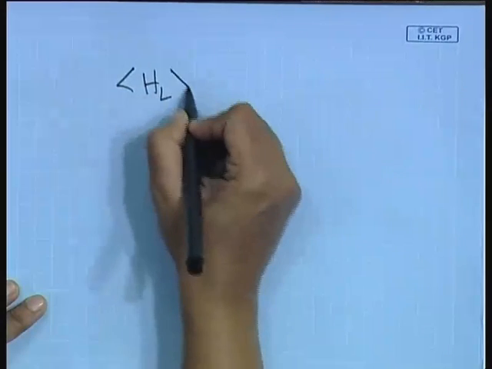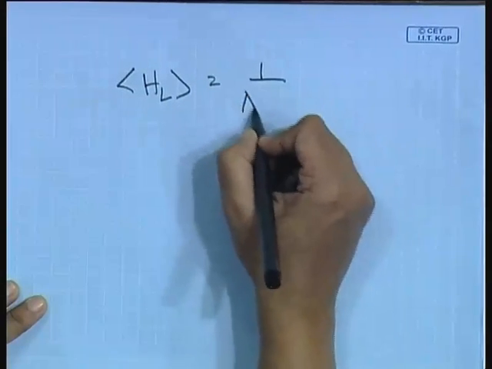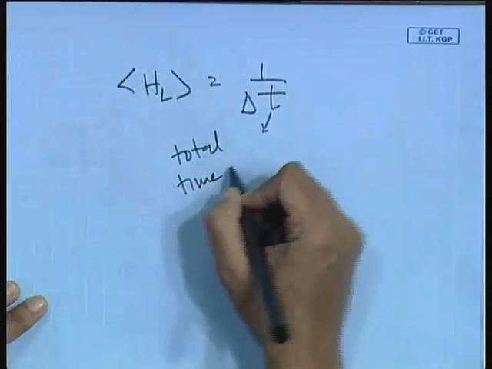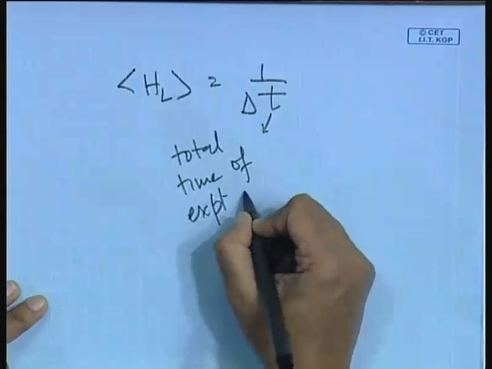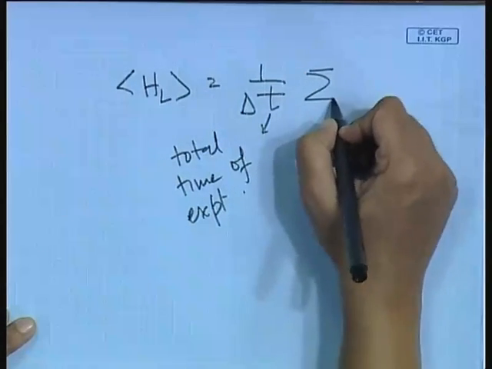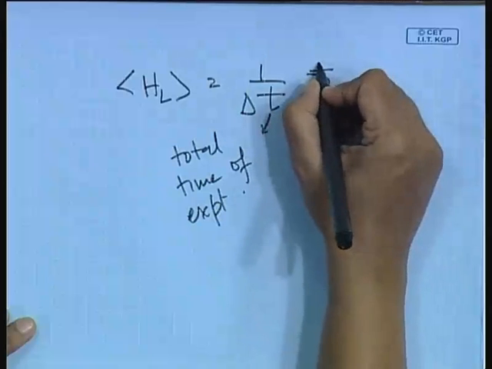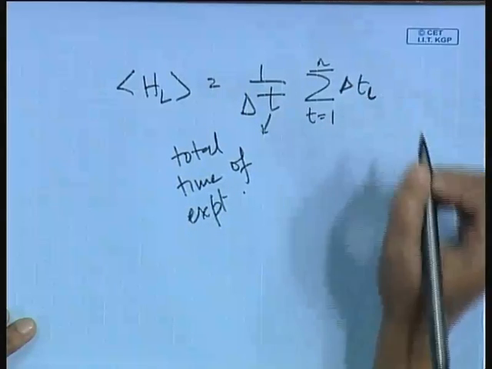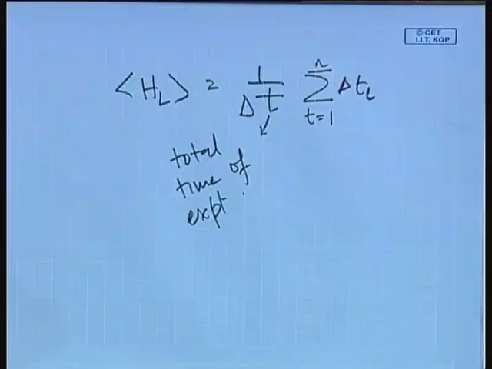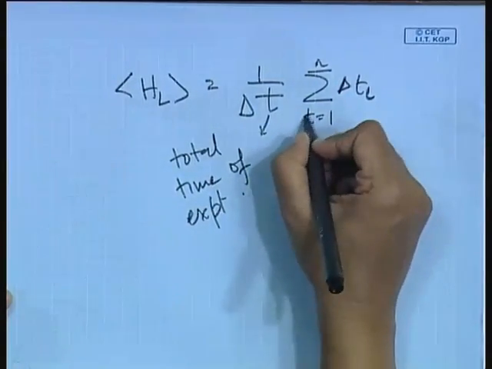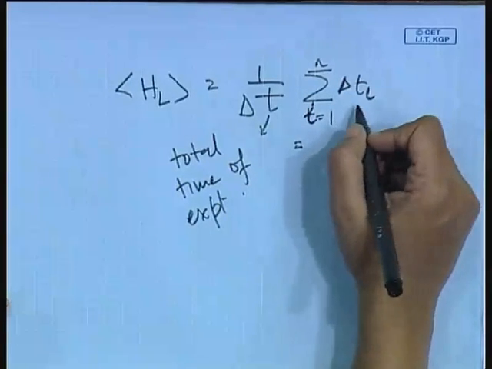So, this is better defined as 1 by T, where T is the total time of experiments, times the sum over i equals 1 to n of delta t_L.